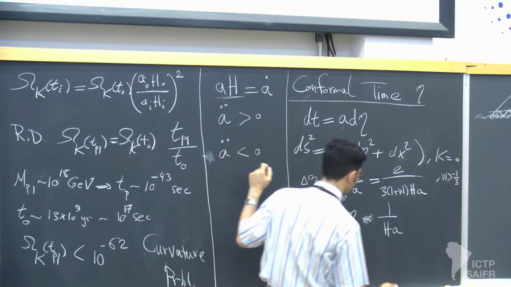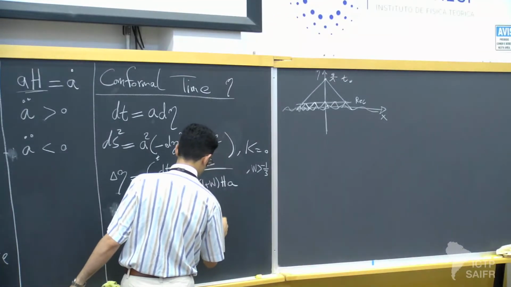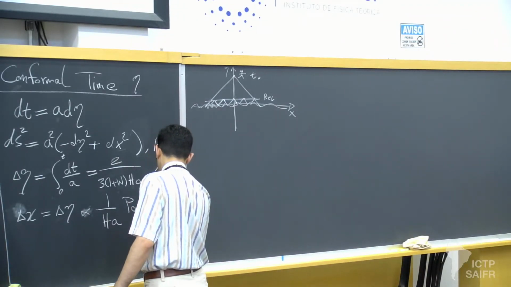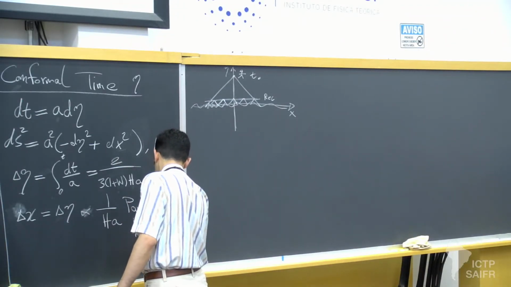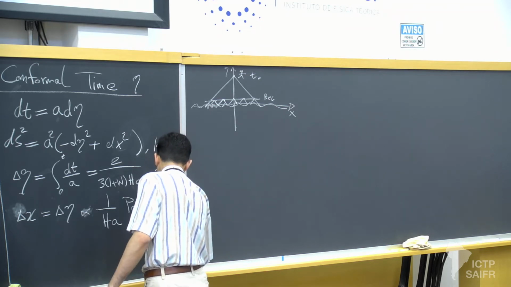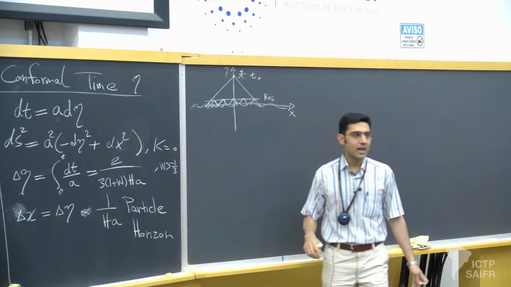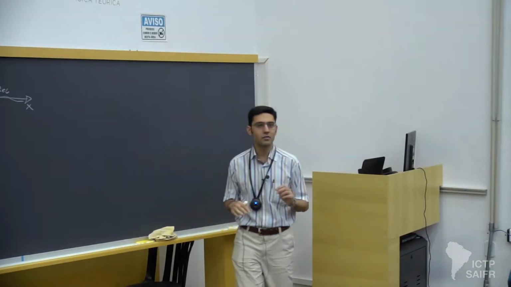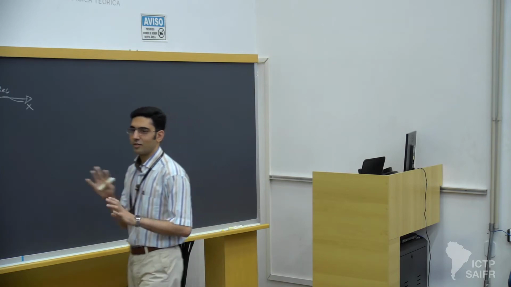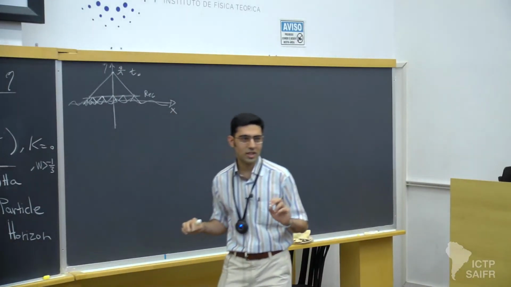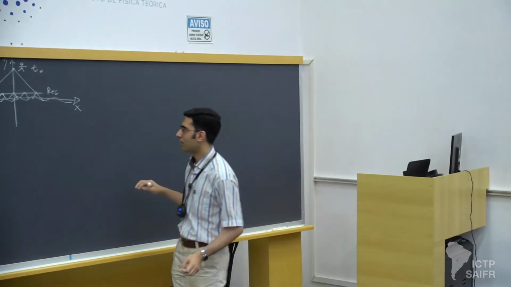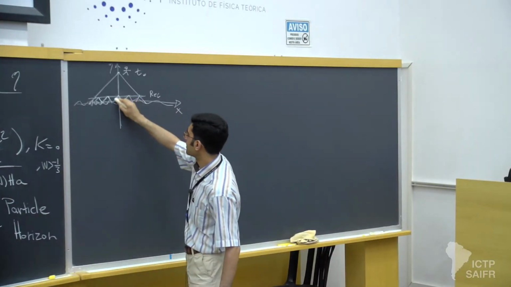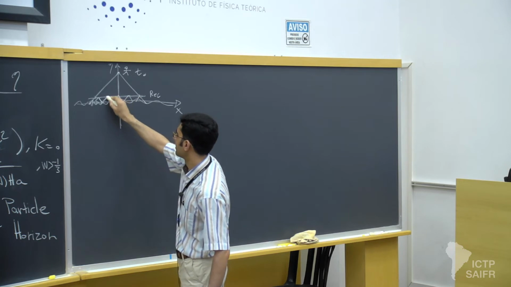This is an important concept. The word horizon is going to appear in my lectures many different times, with many different meanings, although they are always kind of related to each other. Maybe at the beginning it might be a bit confusing. Anyway, this is called the particle horizon.